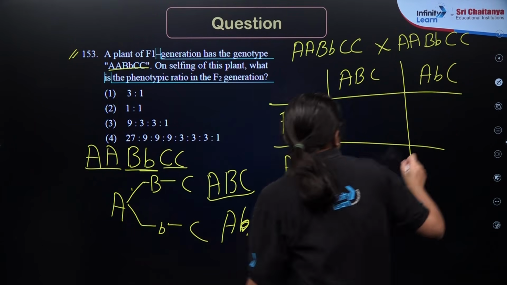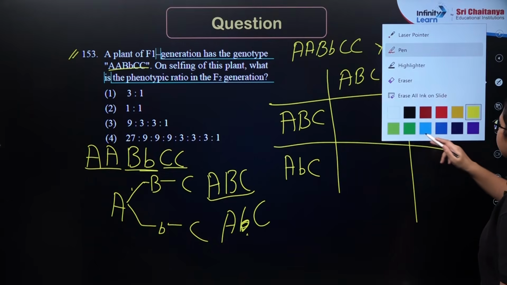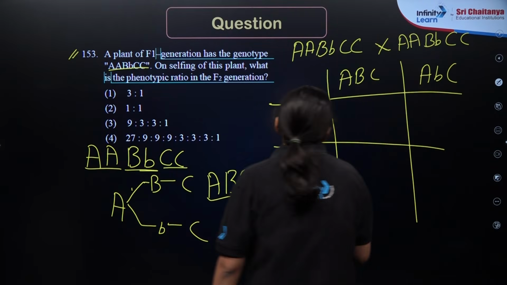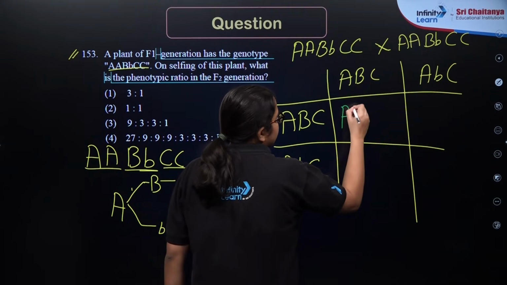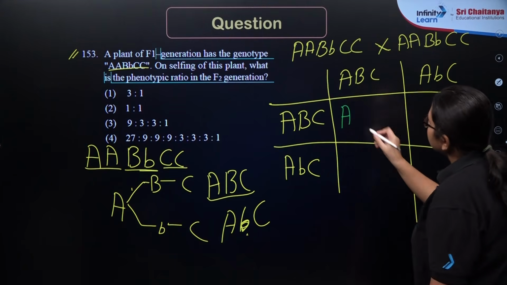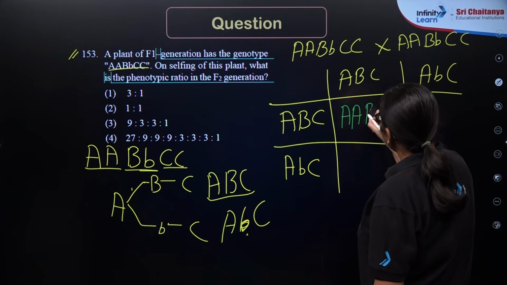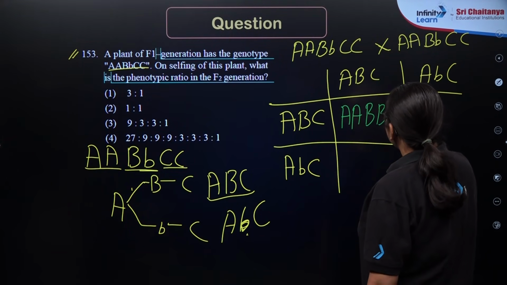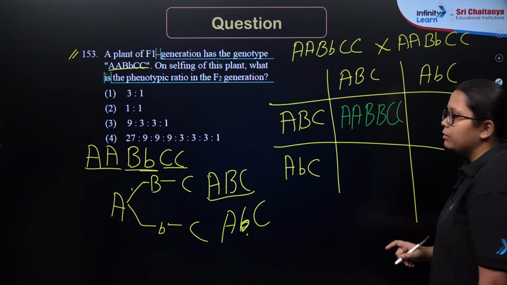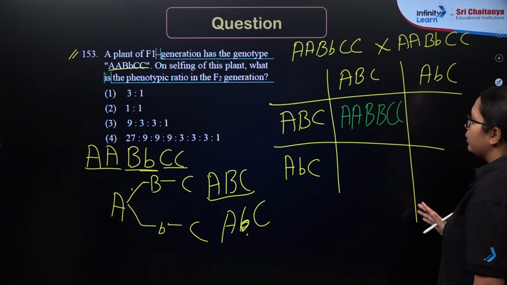Now let's see what will be the progeny. So this will be capital A, capital A, capital B, capital B, capital C, capital C. All of them are dominant, correct?